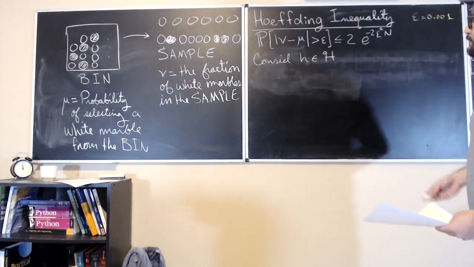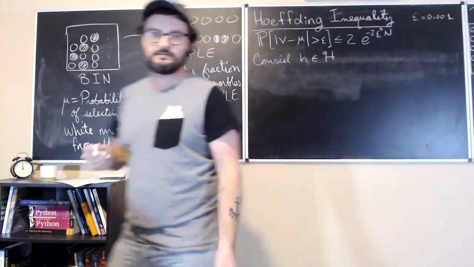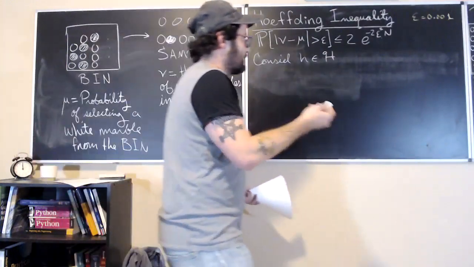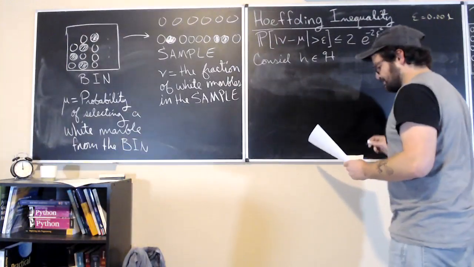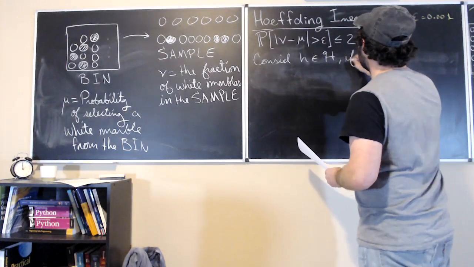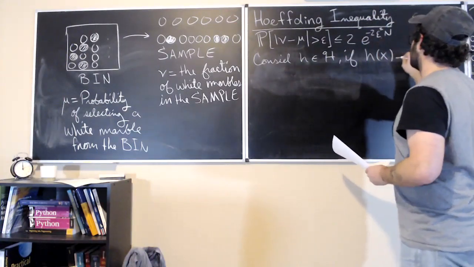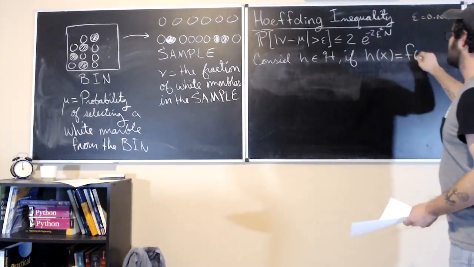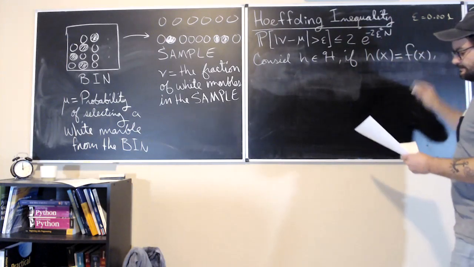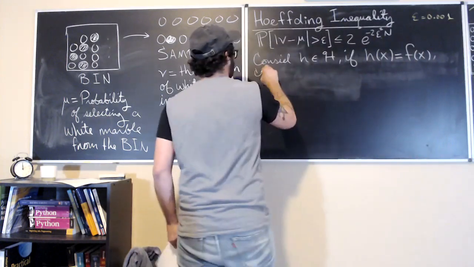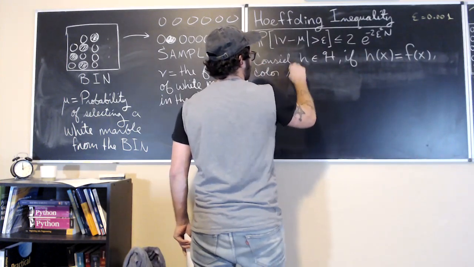So we're going to relate this to our marbles by way of a coloring process. We're going to say, if H evaluated at some features equals the target evaluated at those features, color the marble black.